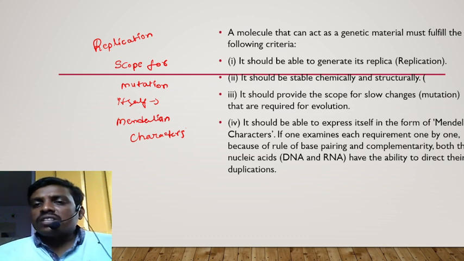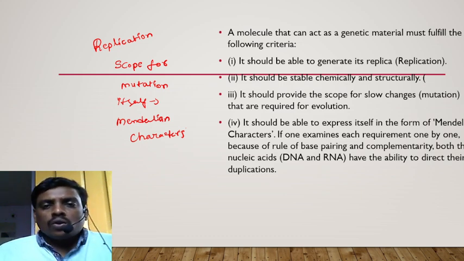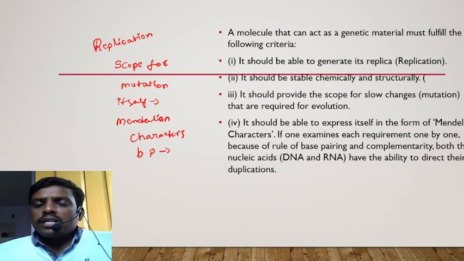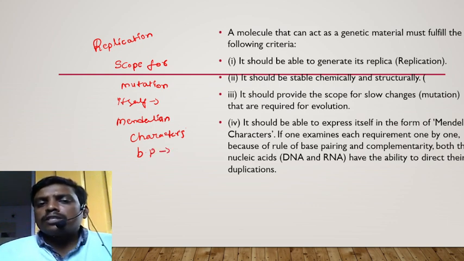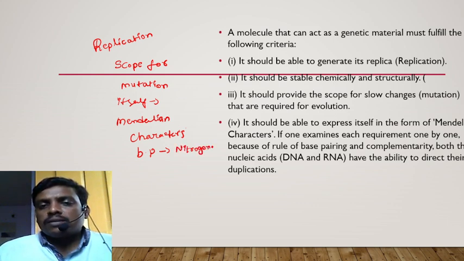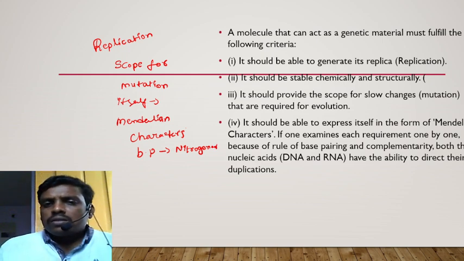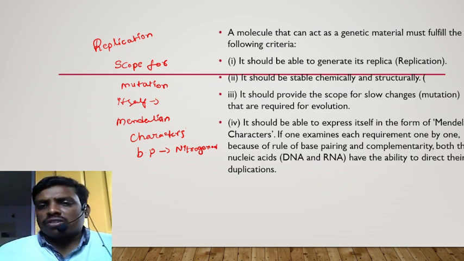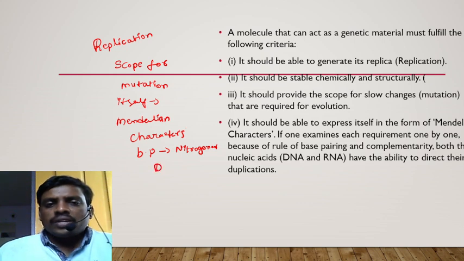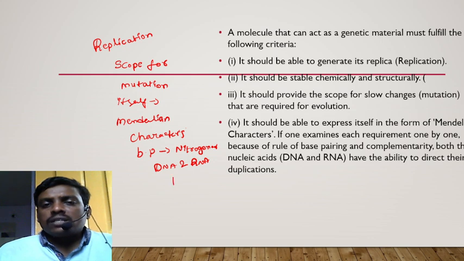If one examines each requirement one by one, take the base pairing rule. Genetic material is made up of nitrogenous base pairs. Their pairing structure, the complementarity between both strands of nucleic acids like DNA and RNA, gives them the ability to direct duplication.